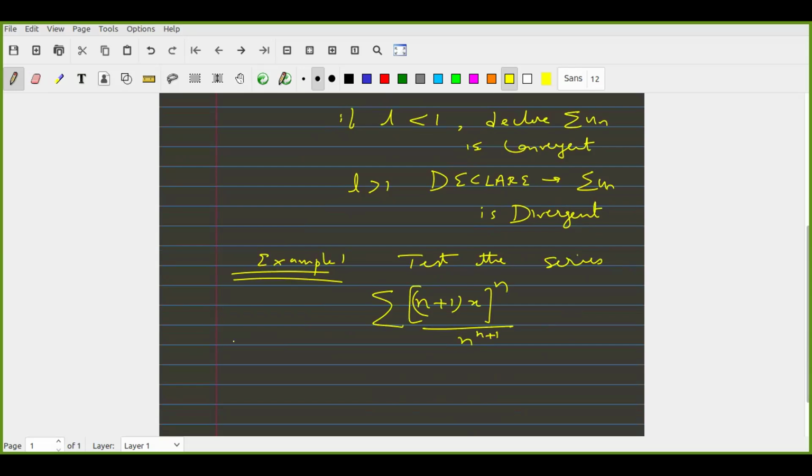Just to give you a feel for this, put n equal to 1, the first term is 2x by 1. The second term will be 3x square by 2 cube, plus the third term will be 4x power 3 by 3 power 4, and so on.